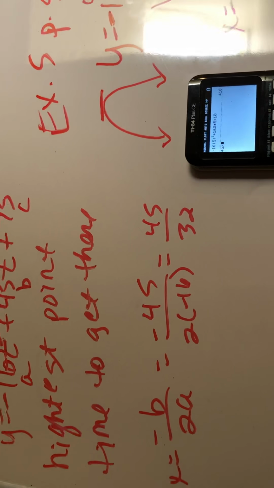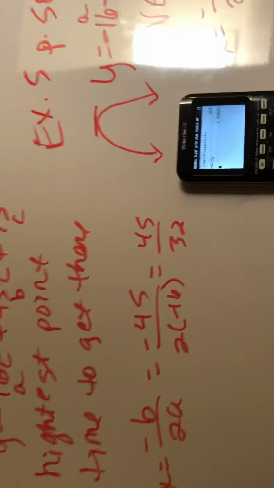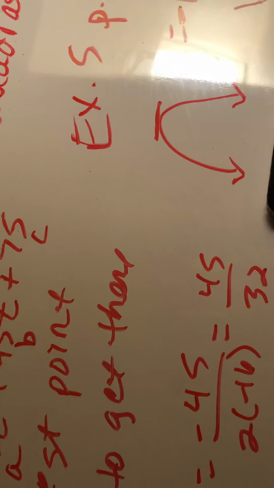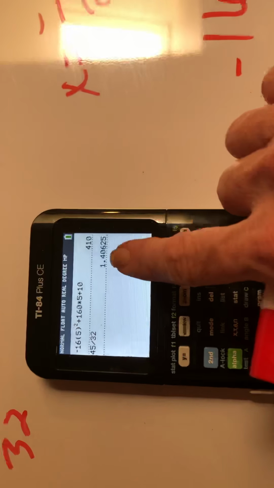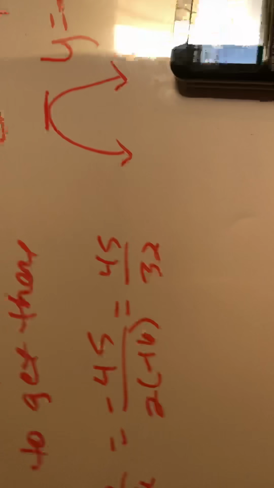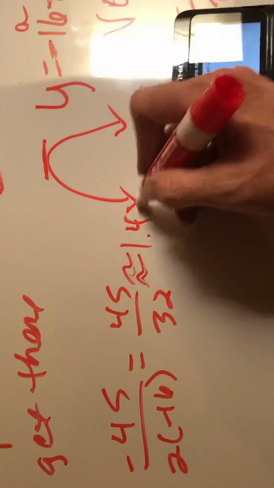So then 45 divided by 32, go ahead and give a decimal. So it's about, what do we want to round it to? We'll do 1.4. We'll say it's 1.4 seconds.